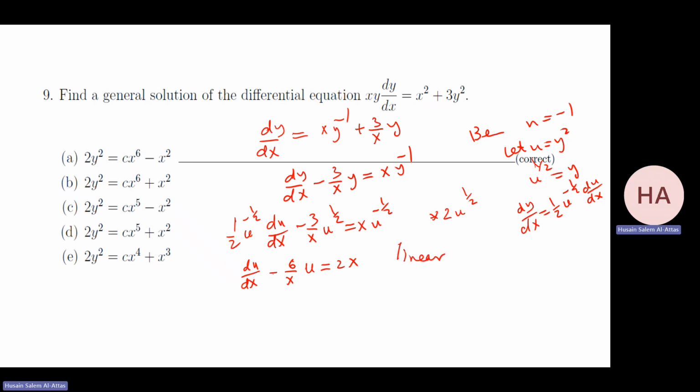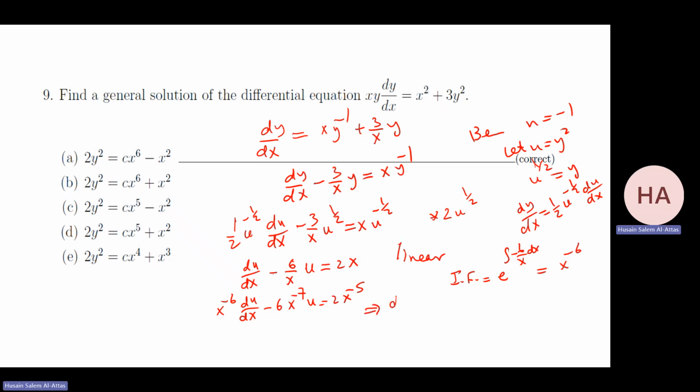What's good about some of these methods is that you have a checkpoint. So if there's a mistake, you can check it easily. So the integrating factor will be e^(∫-6/x dx), that will be x^(-6). Multiply: x^(-6) du/dx - 6x^(-7) u equal to 2x^(-5).